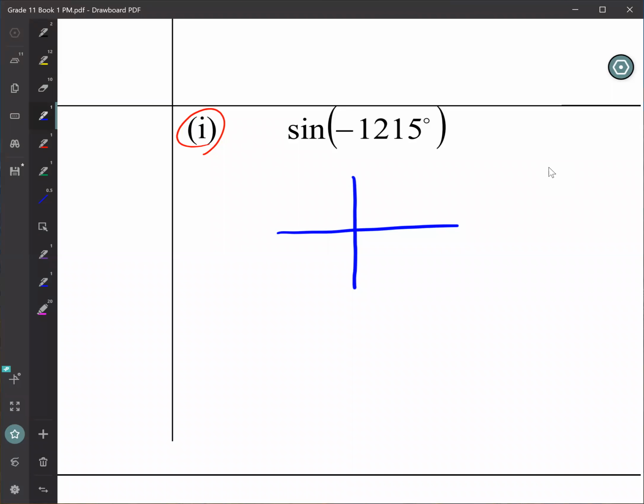Each turn, right? Each complete turn is 360 degrees. Okay, find out how many turns it needs to make, and then figure out which quadrant it stops in.